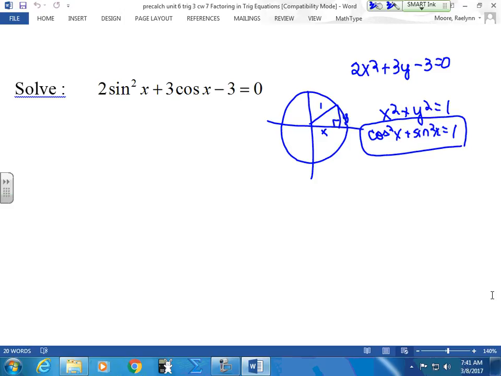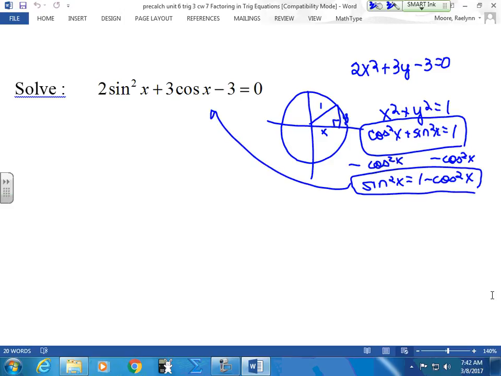Now I can't replace my cosine without the square. That's a basic. Can't get rid of that guy. I can substitute out sine squared. If I come here and I solve for sine squared, there's my second equation.